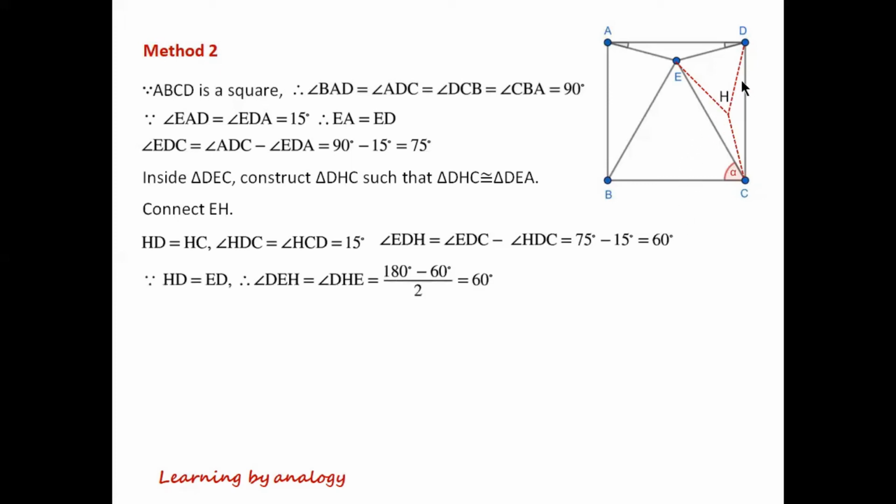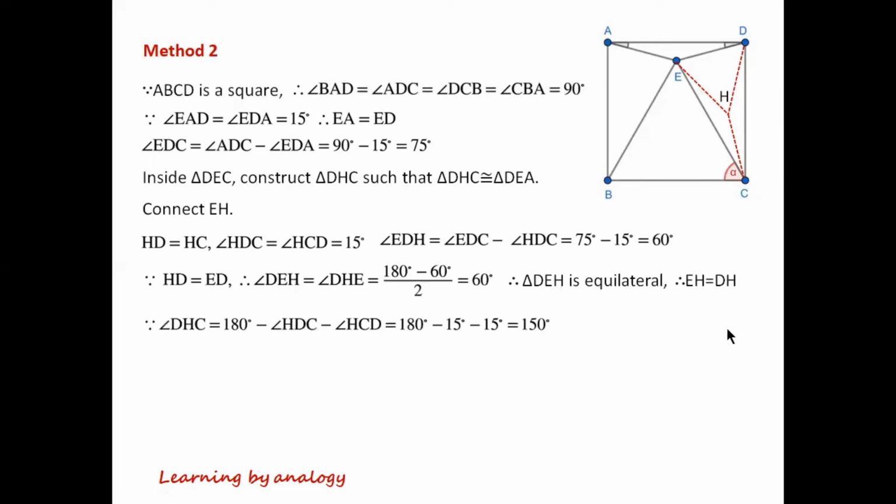Because HD equals ED, angle DEH equals angle DHE equals (180 degrees minus 60 degrees) over 2 equals 60 degrees. So triangle DEH is equilateral, so EH equals DH.